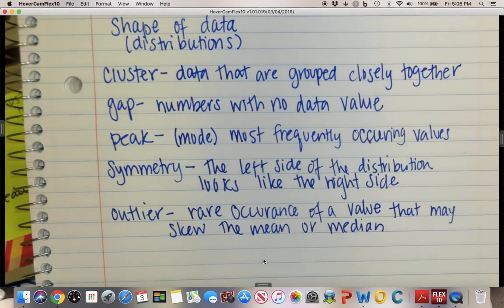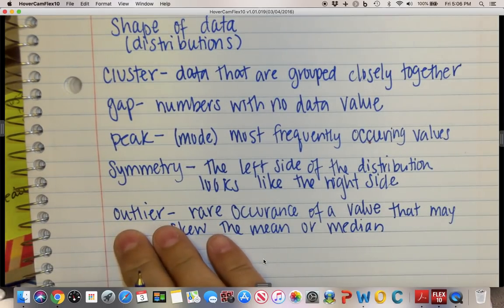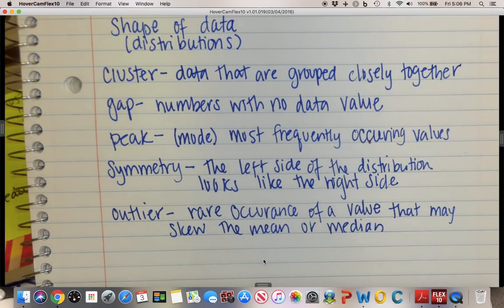Basically, all that means is that you have a set of data and it lies in a specific spot. An outlier just means it's far away from where the other data is. You can see it when you plot it on a line graph or a histogram or a line plot. It's far away from where the central part of the data is at.